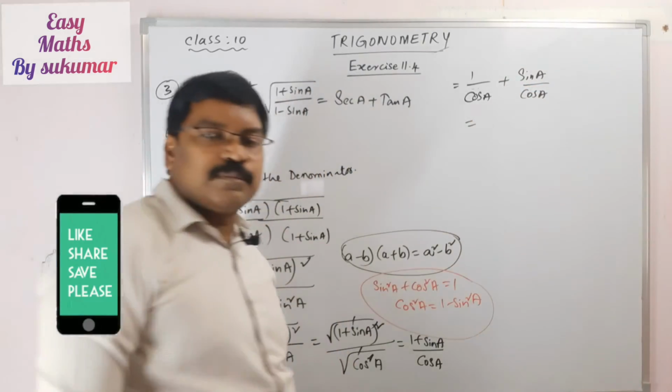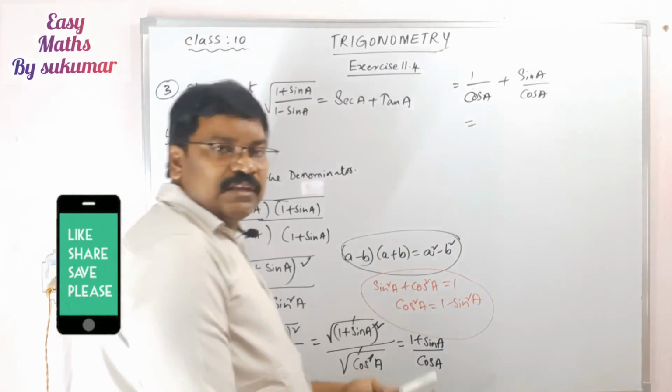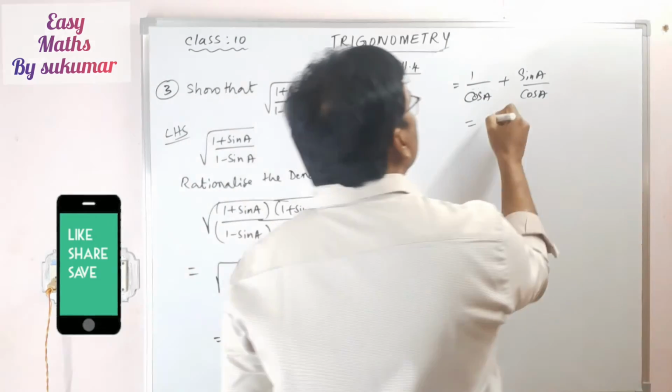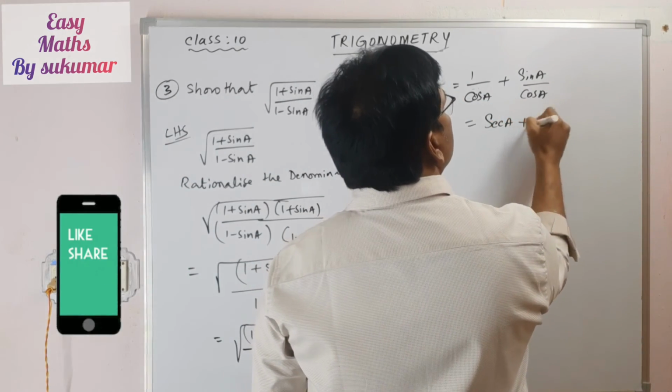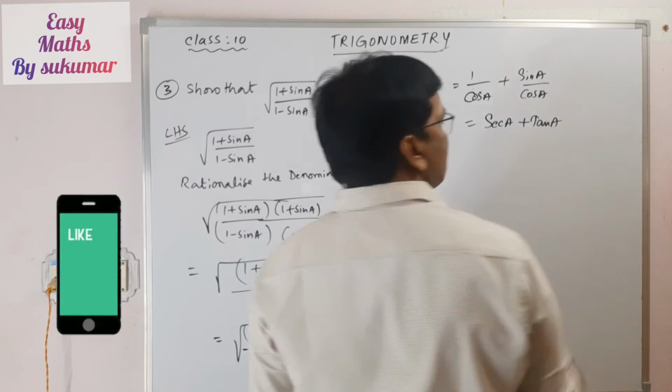See, 1 by cos A means secant A, and sin A by cos A means tan A. So this is secant A plus tan A.